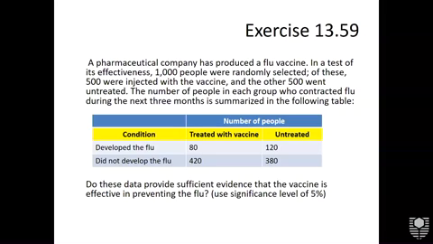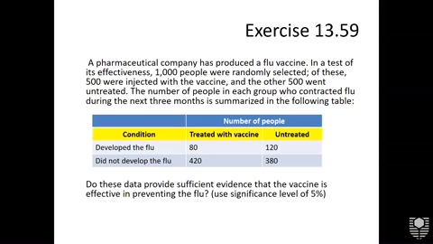And it's generally from our idea or our knowledge that if you're treated with a vaccine, you have less chance, right, to have a flu. So the idea is that it's effective in preventing the flu, right? Do the data provide evidence? Because we want to test our belief.